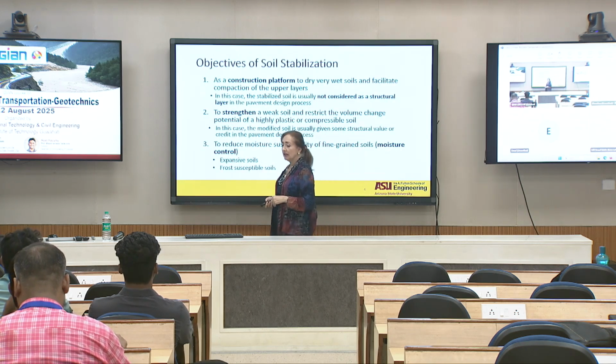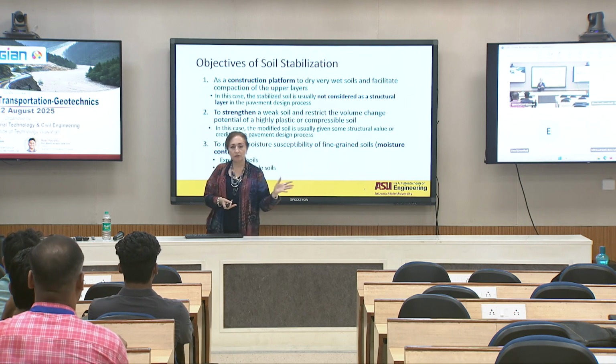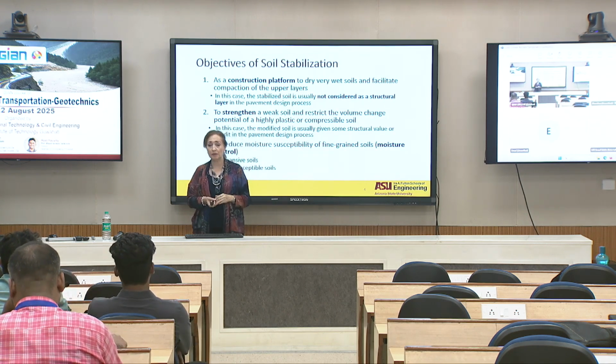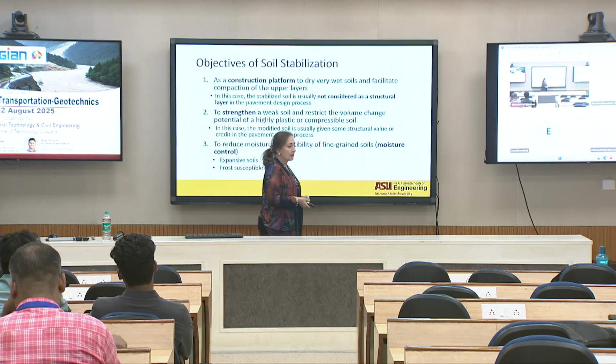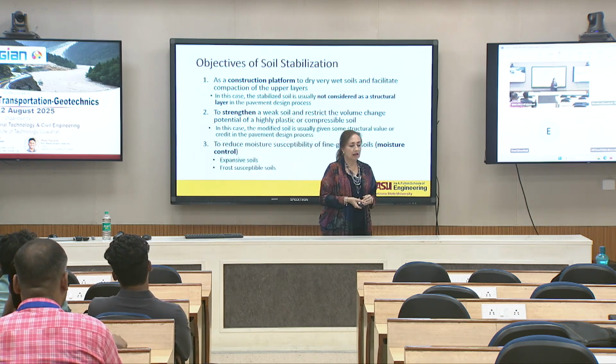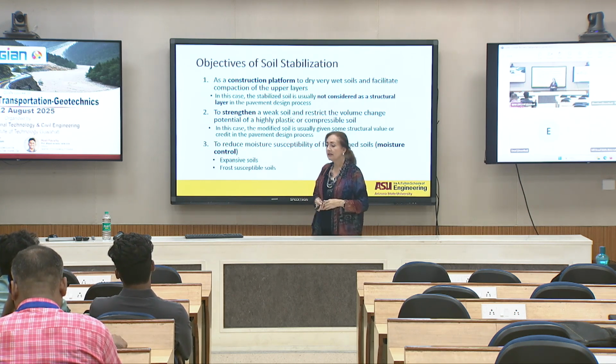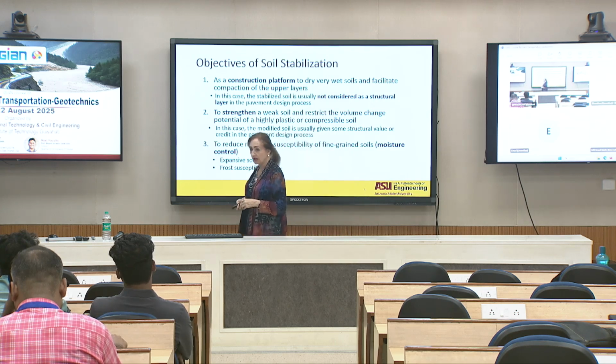The objectives, like I said, let's put them into stages in the construction. The first one will be the construction platform, right? When you have to dry very, very wet soils and need to facilitate the compaction of that, this is when we use some stabilization as well.